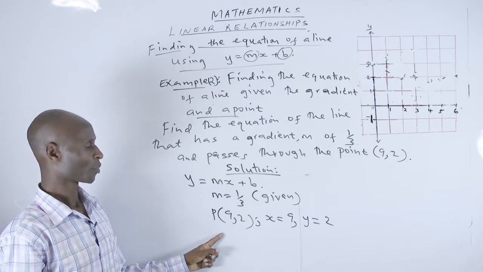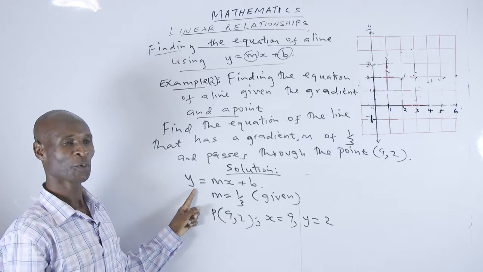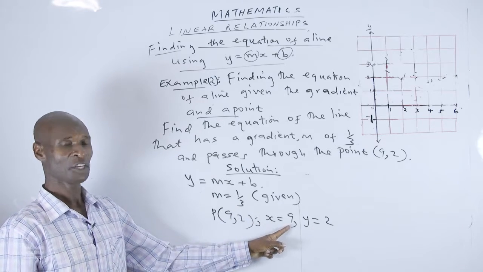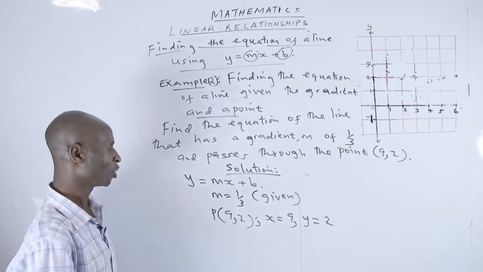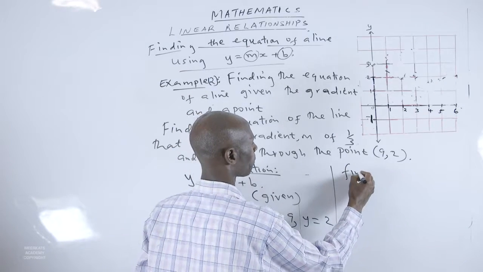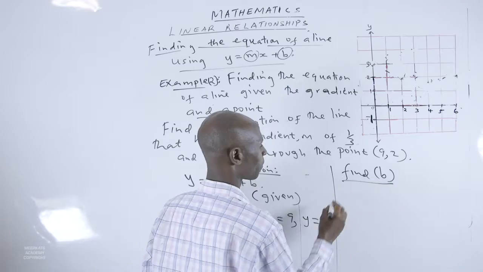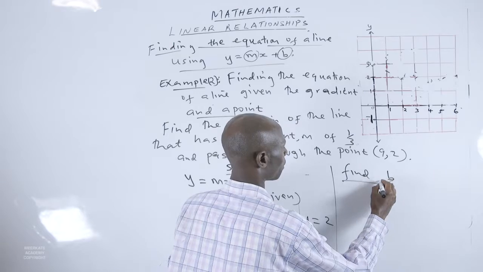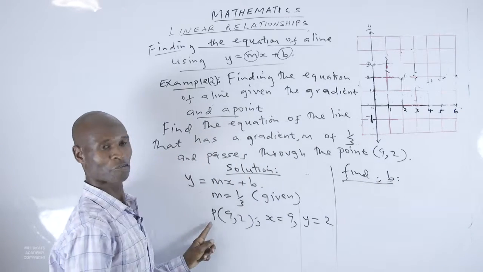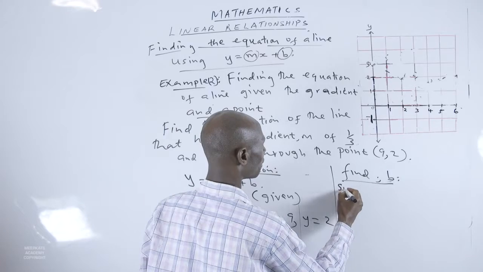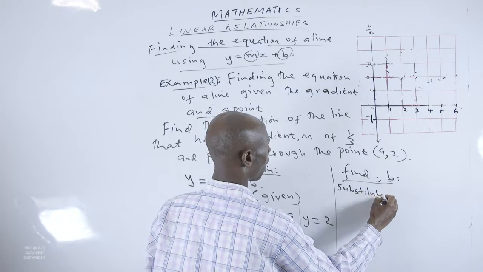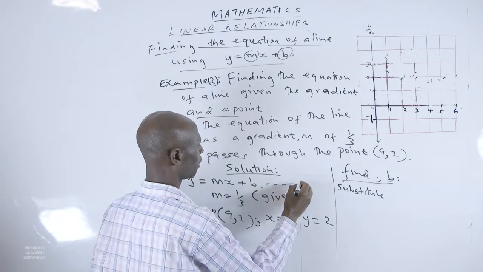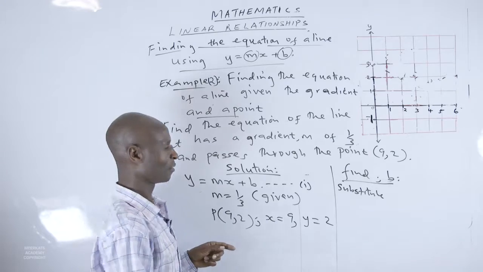Now what we do, we replace in our equation where there is y with the 2 and where there is x with the 9 to find the value of b. So in short, find b. To find b, substitute in this general equation, suppose I call it Roman 1.